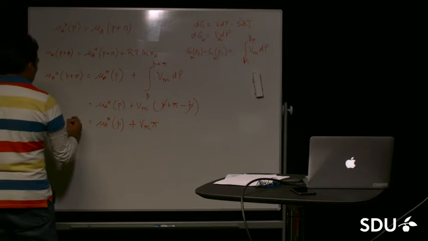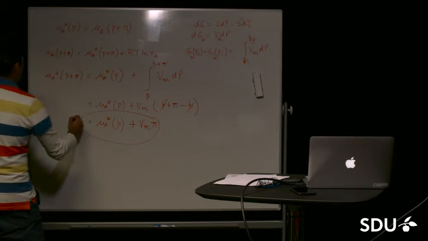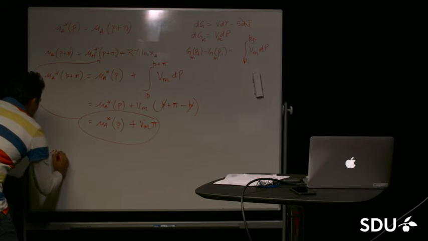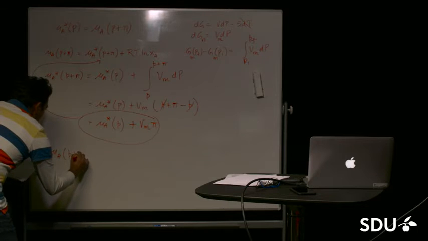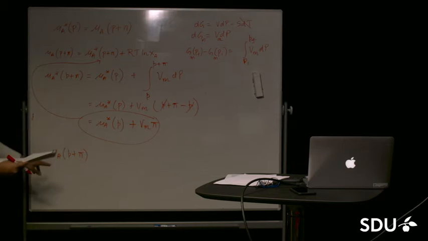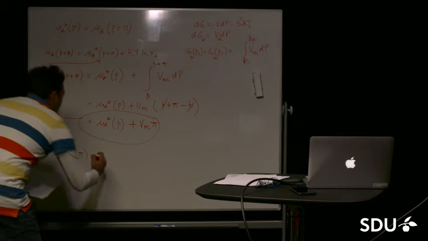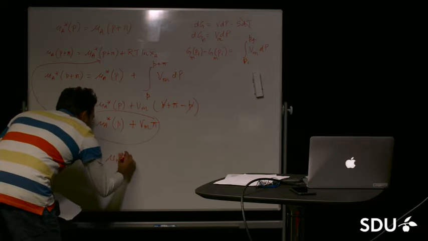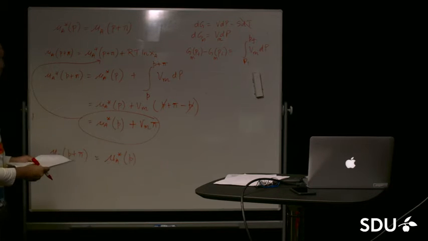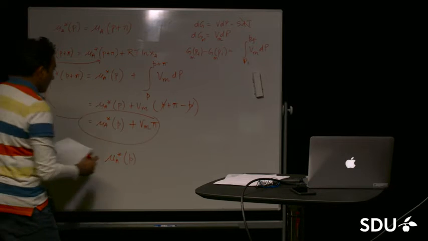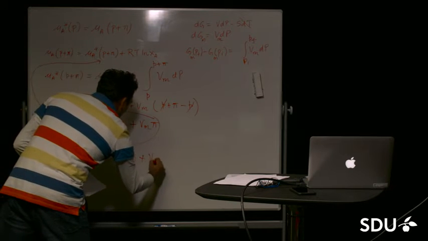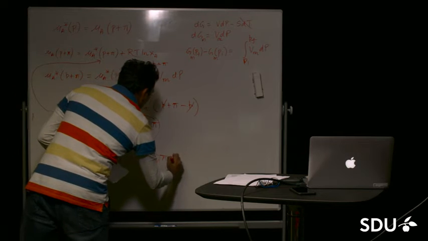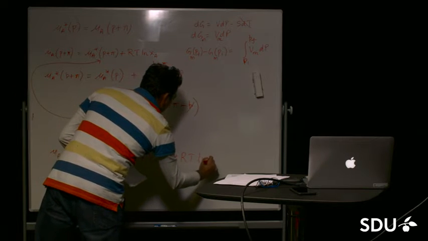Now, I can substitute this term into this equation, and then I get that the chemical potential of the solvent in the solution at pressure P plus pi is equal to the chemical potential of the pure solvent at pressure P plus this product, molar volume multiplied by the osmotic pressure, plus RT log of XA.